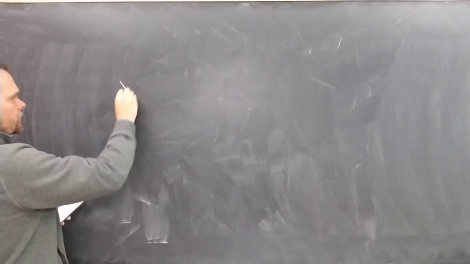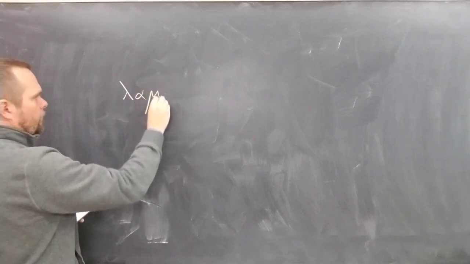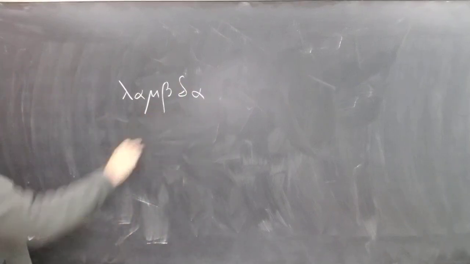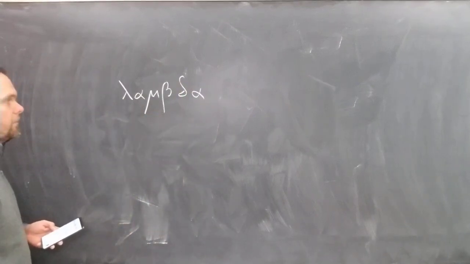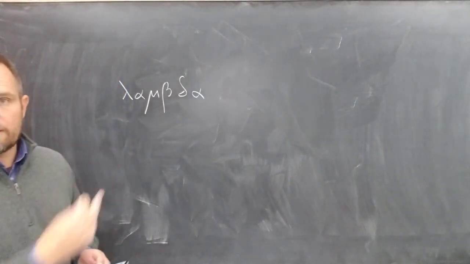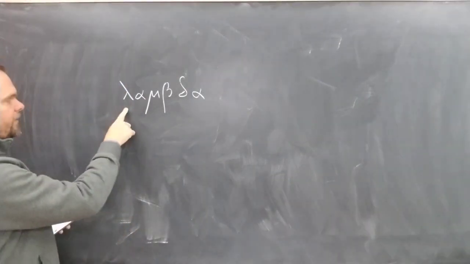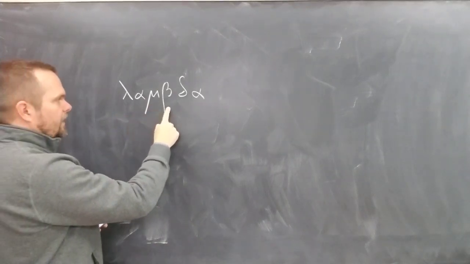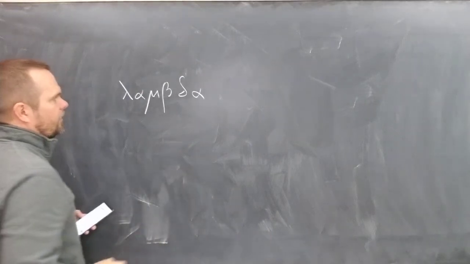So you should actually be able to read the name of the letter lambda at this point because we've studied all of these letters. We have the lambda, the alpha, the mu, the beta, delta, and alpha.